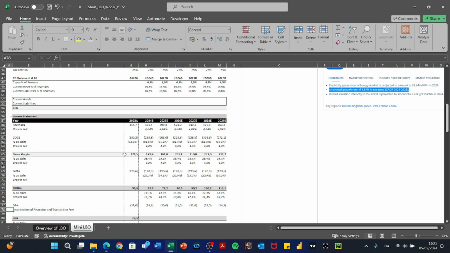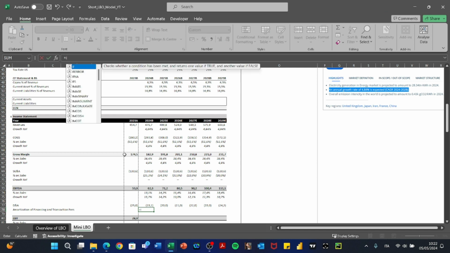Okay, so about the amortization of financing and transaction fee.